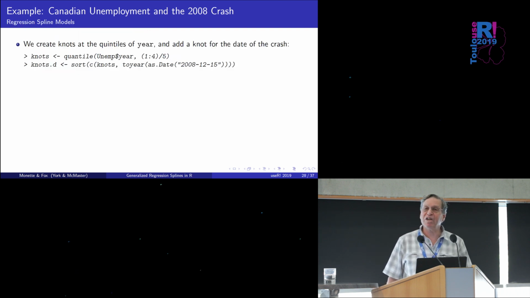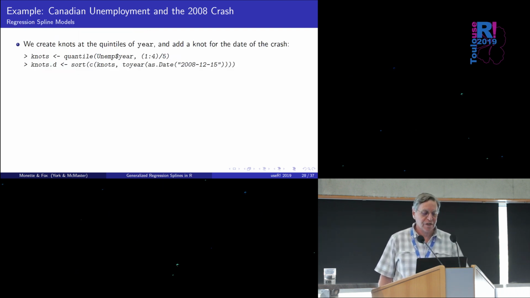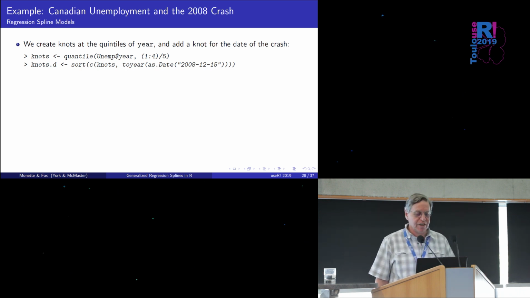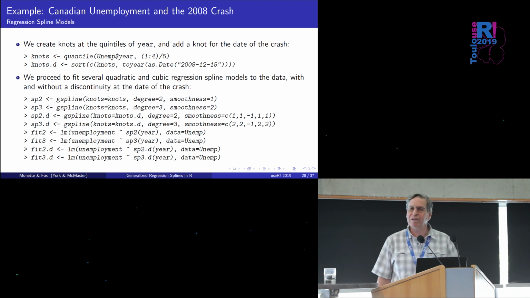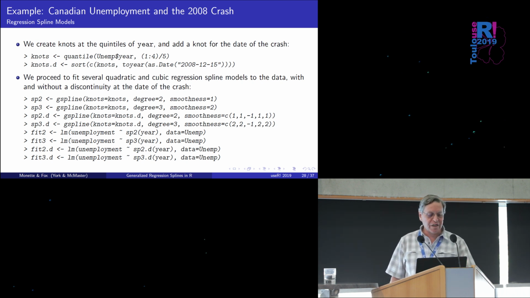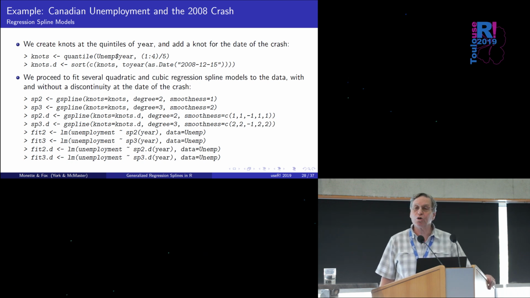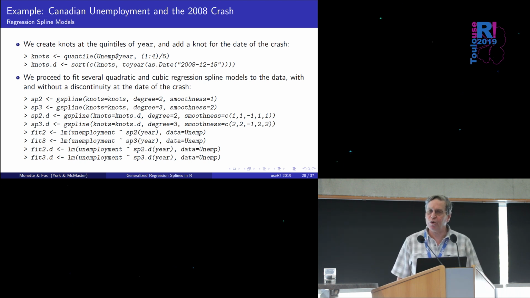I'm going to create knots at the quintiles of the explanatory variable here, which is time, that is year, and add a knot at what we take to be the date of the financial crisis, which is mid-December 2008. And then I'm defining and fitting several quadratic and cubic spline models with and without a discontinuity at the date of the crash.